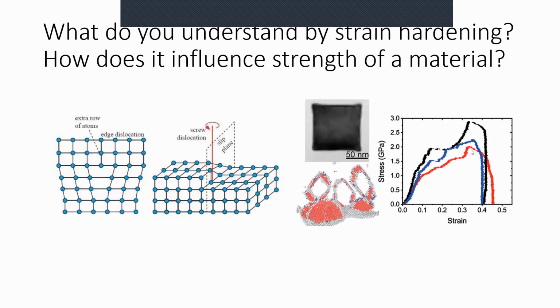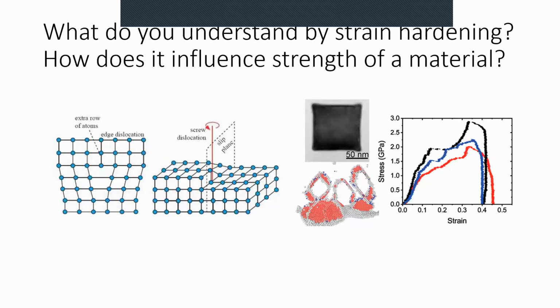You can see in this particular stress strain curve, which has been obtained from experiments by some researcher, the black line, the blue curve and the red curve. These are for different materials, depending upon their sizes or their nature, ductile or brittle, or the crystallographic structure.